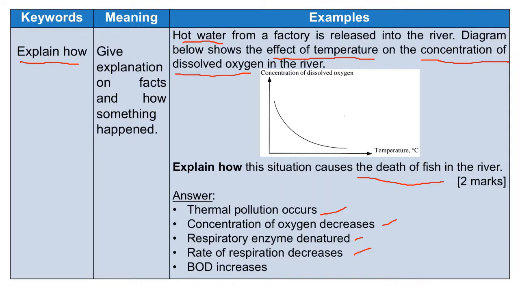So a lot of fish die, and the bacteria will carry out decomposition actively and use up the dissolved oxygen. So this causes the BOD value to increase.